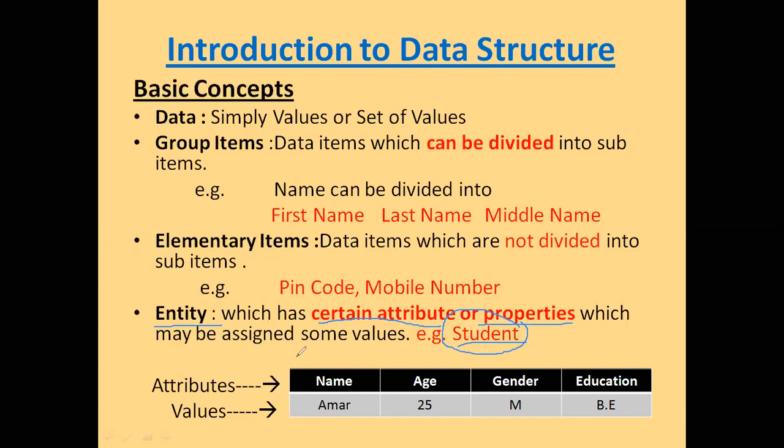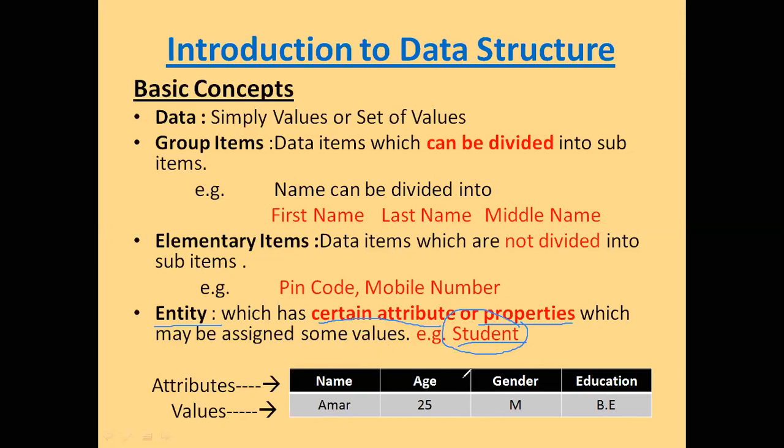Just like I have taken one example, this is entity of student. The student is basically entity which has certain attributes. What are those attributes? Name of the student, age of the student, gender, and education of the student.